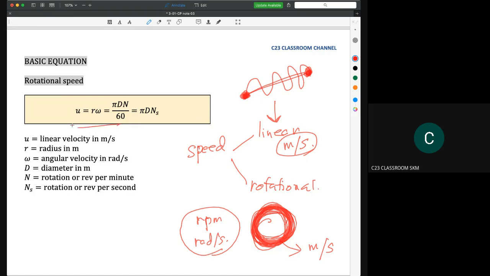The common one that you need to understand is this one: U is equal to R omega equal to pi D N over 60. U here is the linear velocity, whose unit is meter per second. R here is the radius, in meter, and omega is the angular velocity, which is in radian per second.